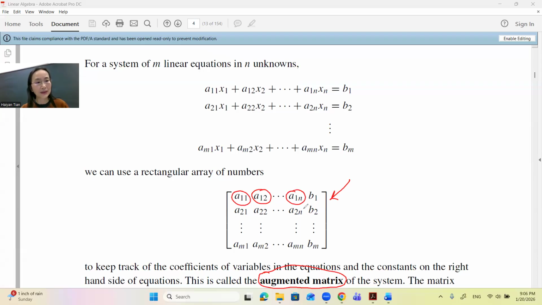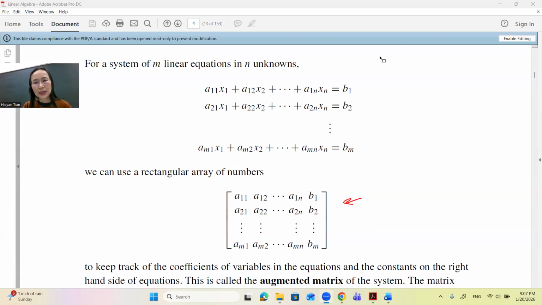So we can tell there are n variables in each equation, right? The right-hand side is just a constant. It's not a coefficient of a variable. So we do have this standard form, and from the standard form, we can see a rectangular array of numbers, which is called the augmented matrix.